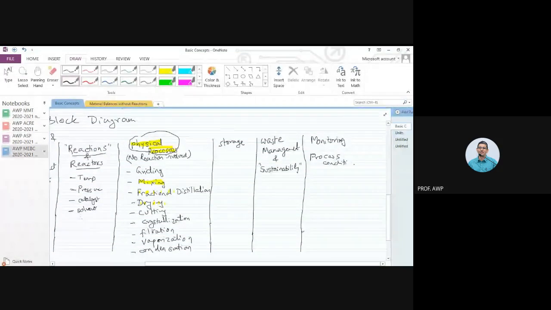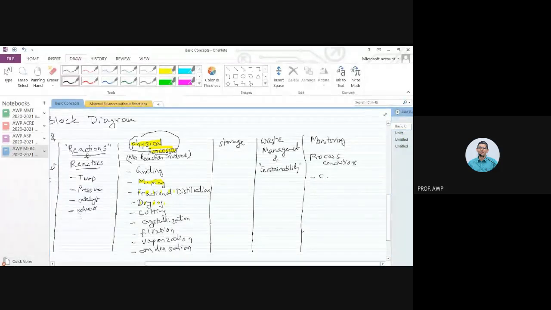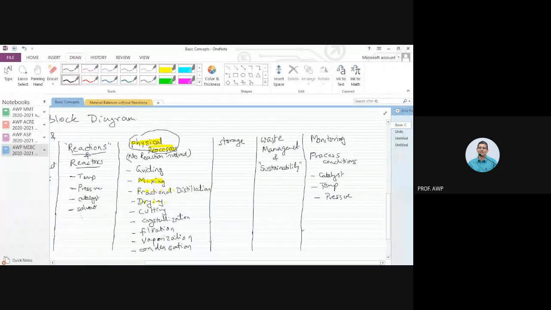How much catalyst is going, how much solvent is going, how much temperature is there in the reactor, how much pressure is there in the reactor. If I monitor pressure, temperature, catalyst, solvent, all those things, there is no real reason why I need to monitor my product.